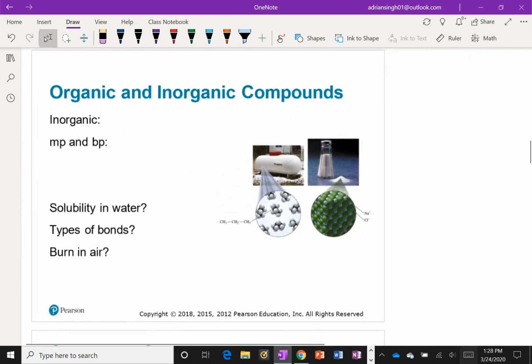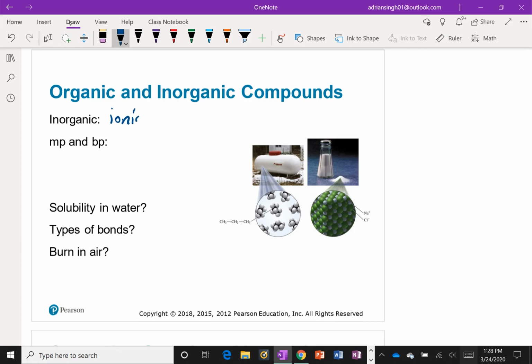In contrast to inorganic compounds, organic compounds are typically held together by covalent bonds. Your inorganic ones are held together by ionic bonds. Melting points and boiling points tend to be high.